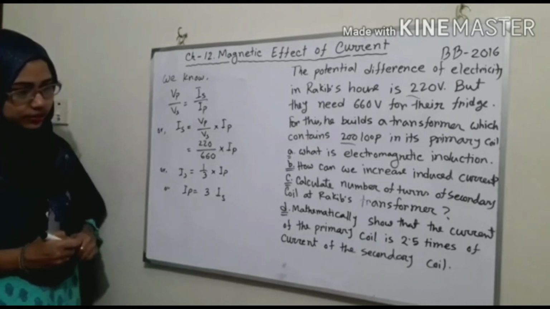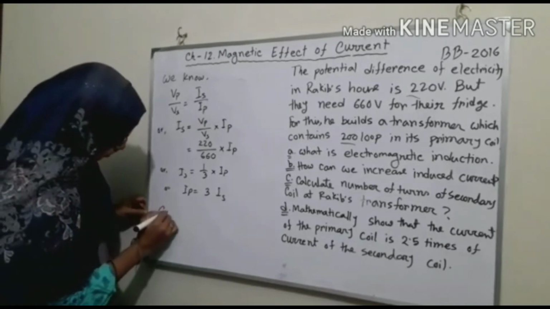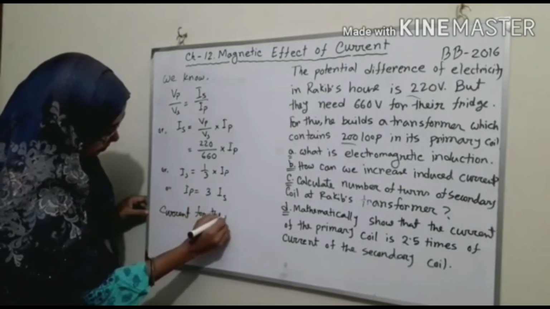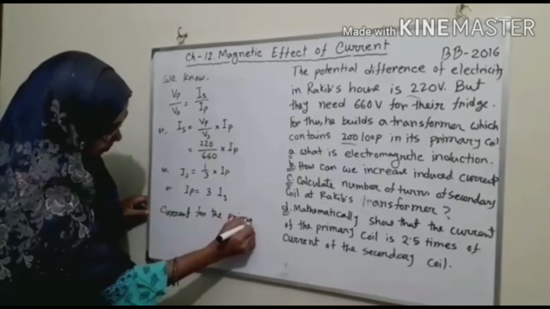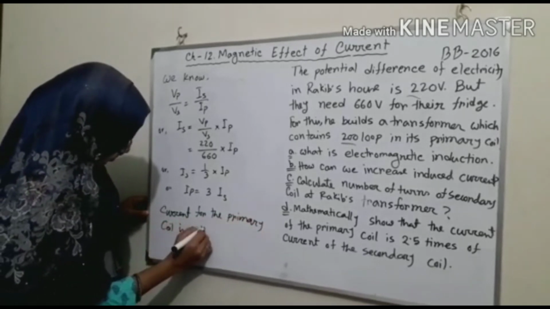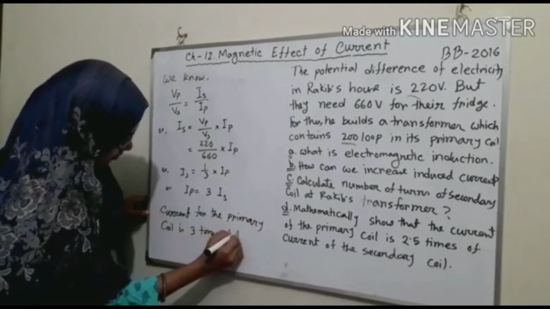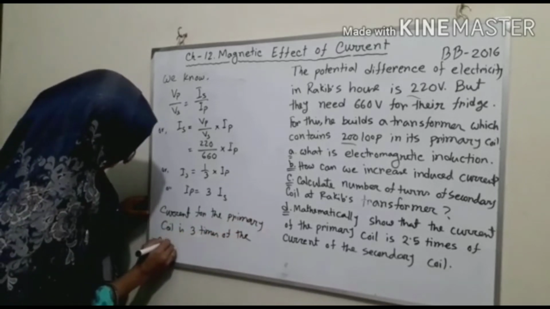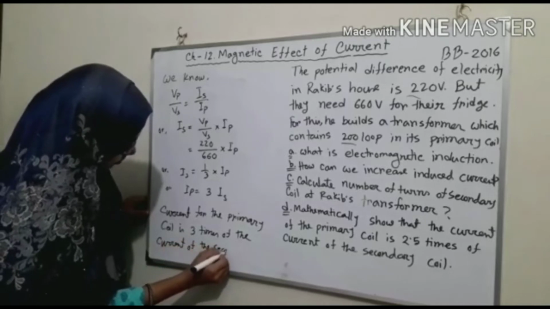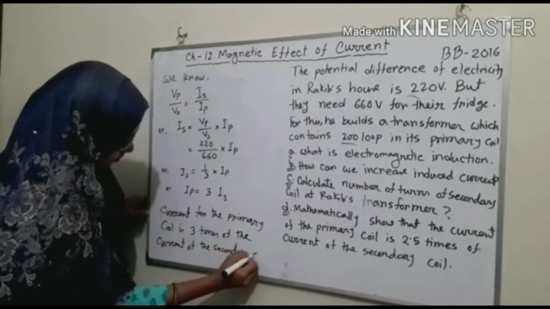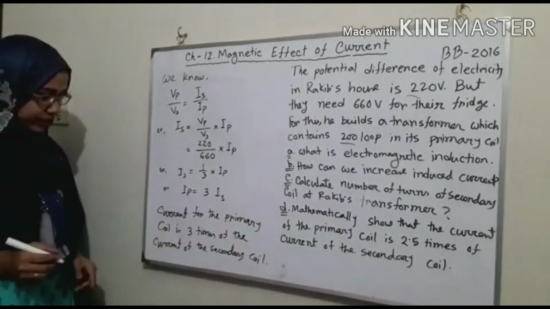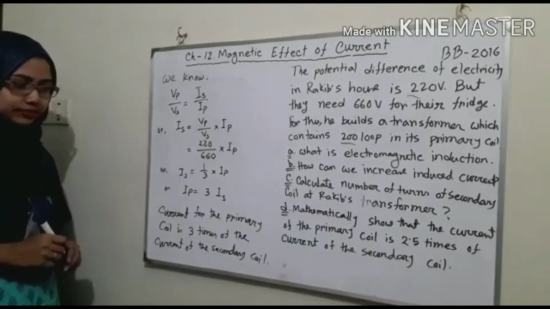So I'm writing here: the current for the primary coil is 3 times the current of the secondary coil.